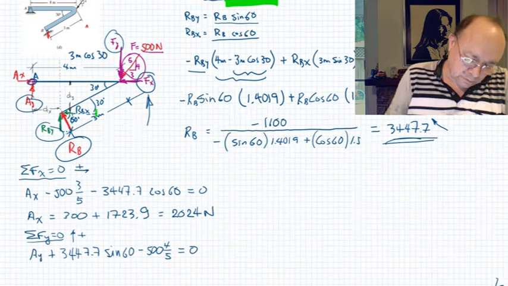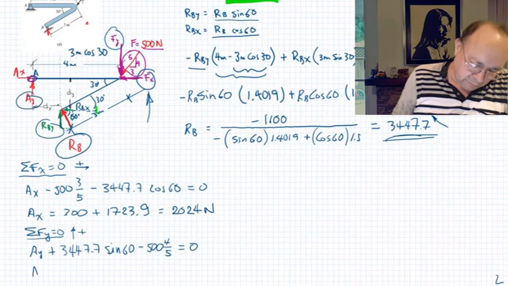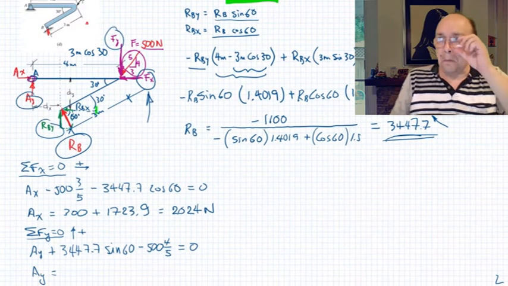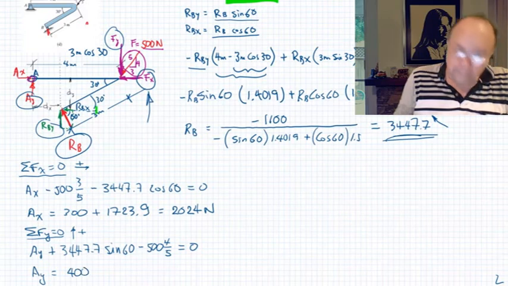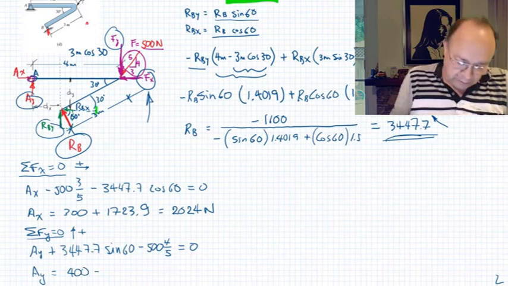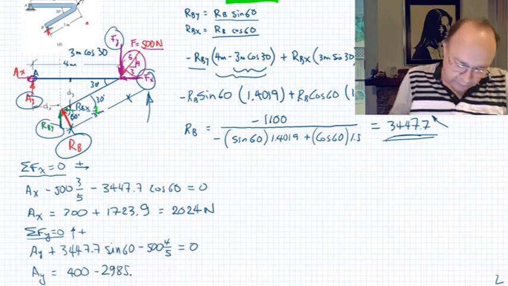Therefore, we can get here Ay equals, this goes to the other side, positive 400 minus 2985.8.